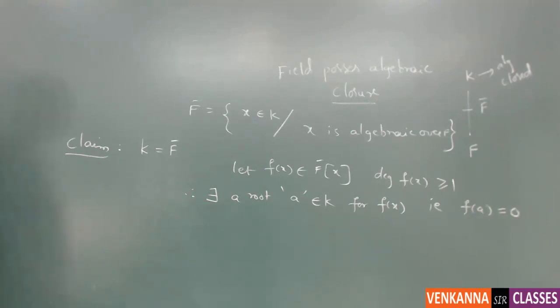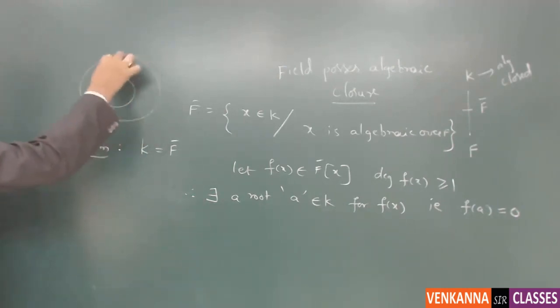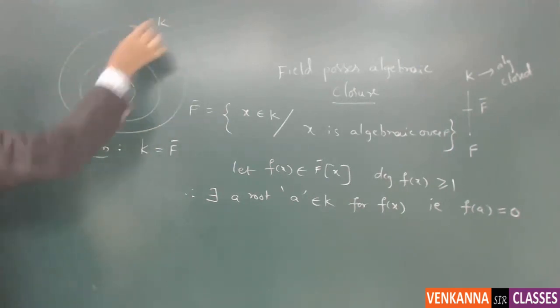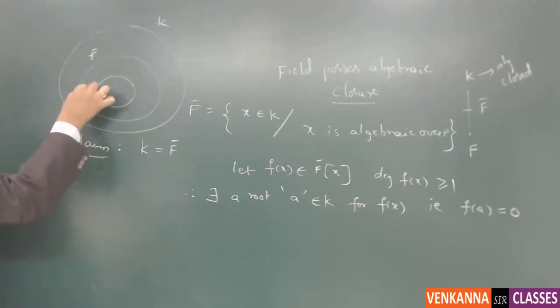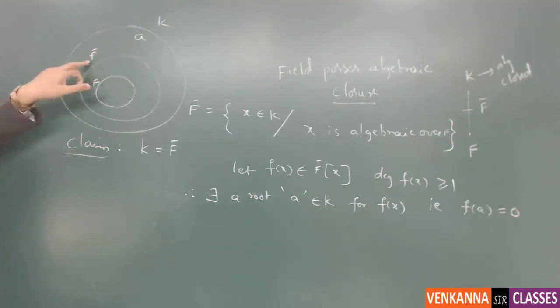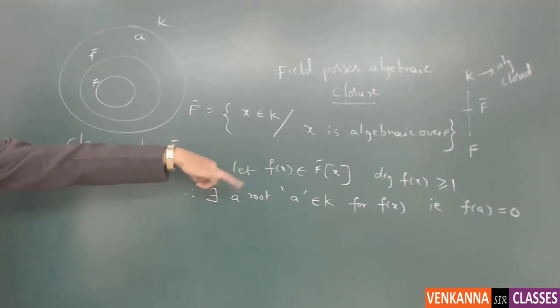Now, in other words, if you have a small hierarchy, the picture will come like this. So I have taken A here. I am saying that A is algebraic over F bar because A is satisfying a polynomial there.